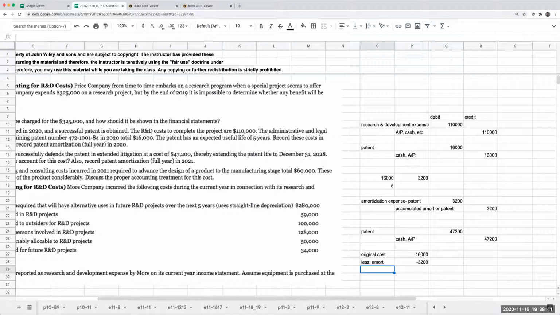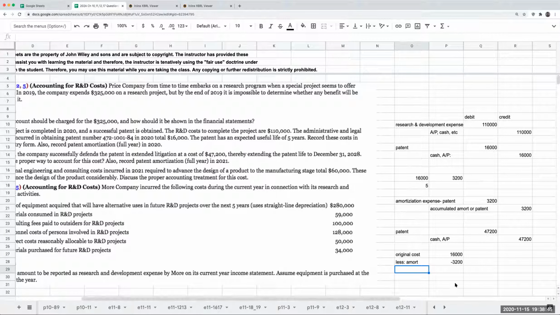Then in 2021, I'm adding on over here 47,200. So my amortizable amount, or my patent base, is going to be $60,000.